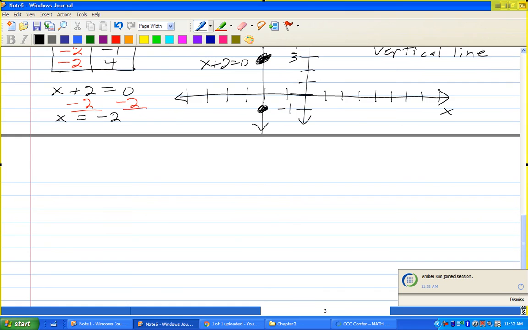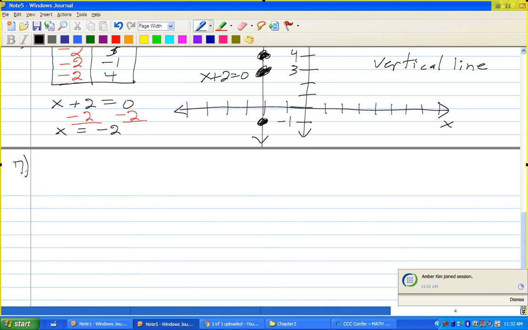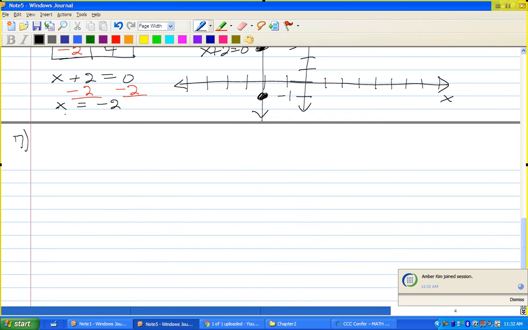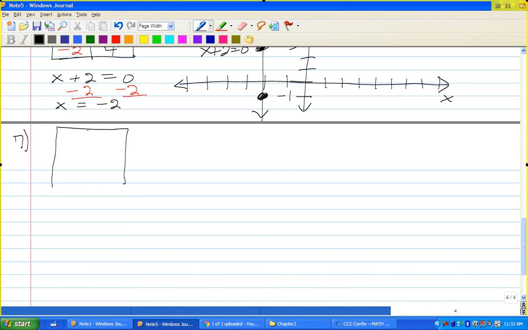Let me do problem number 7. So I have here x, y, with -3, 1, 3.